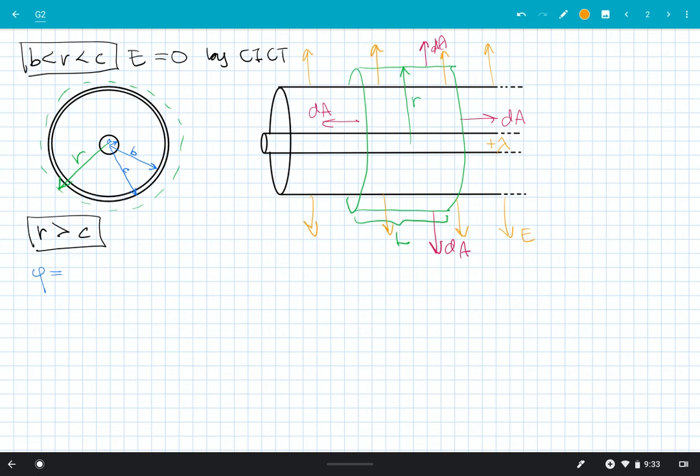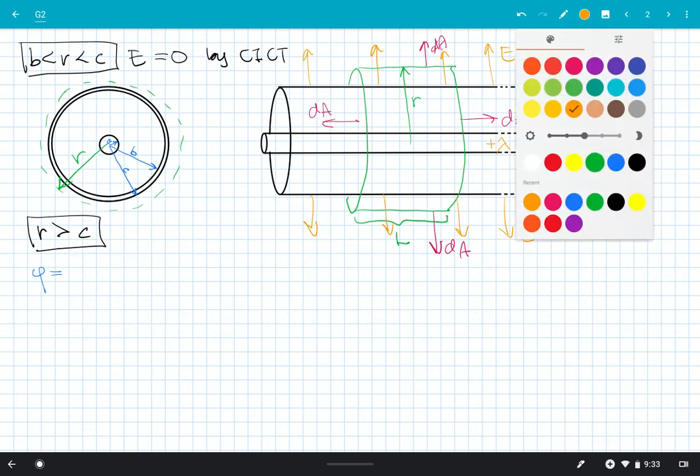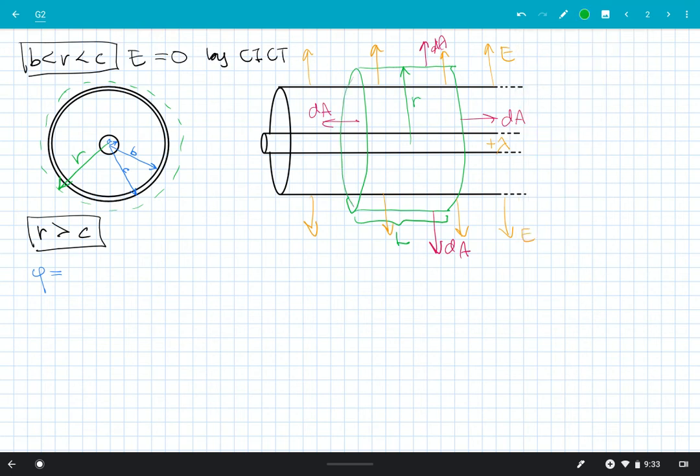So I'm going to have the same thing happen that happened before, and that is the contribution of E to my flux is only going to be along the curved surface of the cylinder. I will have no E field going through the end caps. Same thing, I have a right angle between dA and E for my end caps.